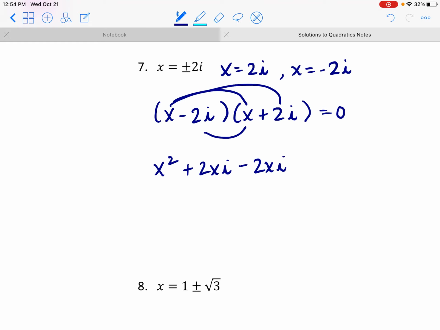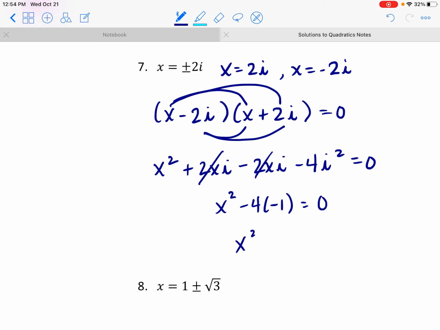Those are going to cancel, and then at the end here, negative 2i times positive 2i gives me negative 4i². So again, these cancel, and what happens with i²? Well, i² is equal to negative 1, so this is really negative 4 times negative 1, which makes it a positive 4. So x² plus 4 equals 0 is our equation.